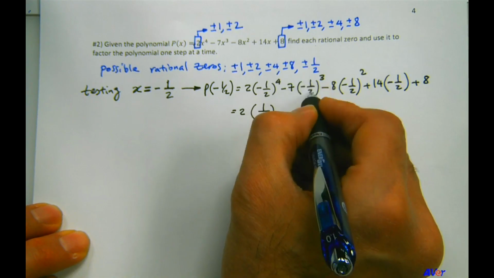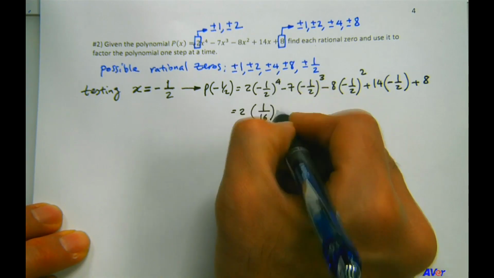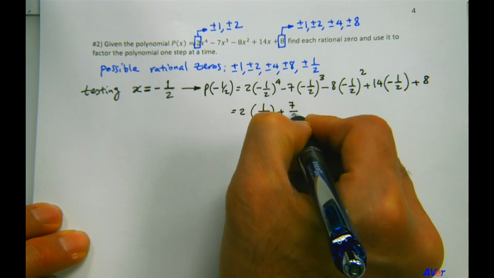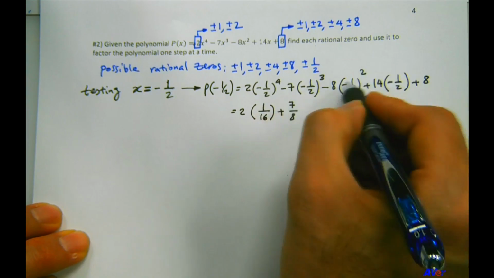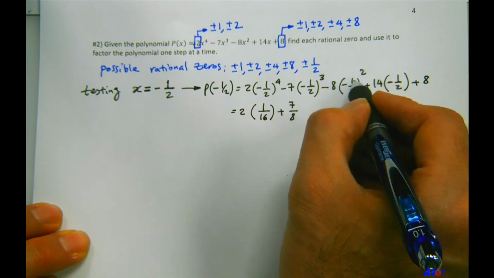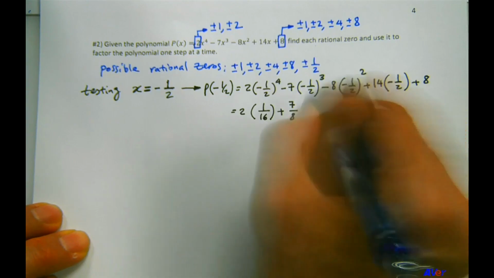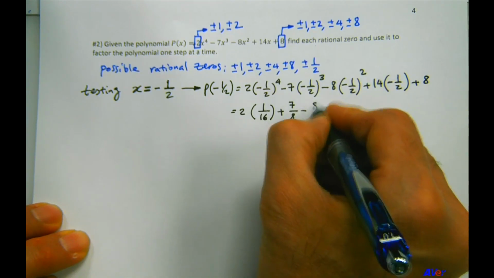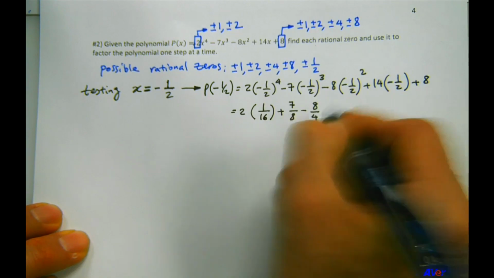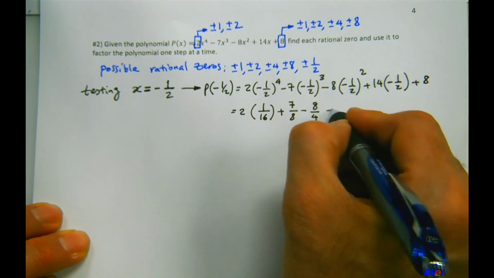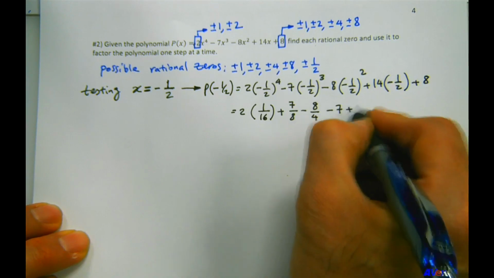But minus 1/8 times minus 7, it'll be positive 7/8, right? Minus 1/2 squared, that'll be positive 1/4, times minus 8, it'll be minus 8/4. Minus 1/2 times 14, it'll be negative 7, plus 8.